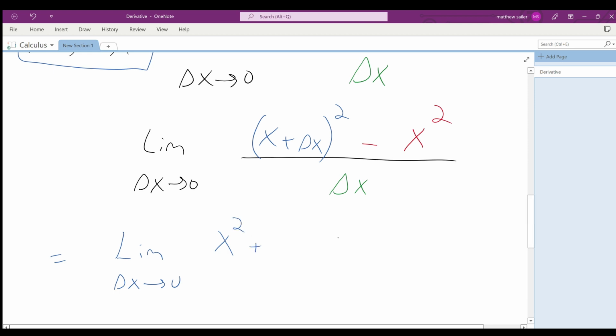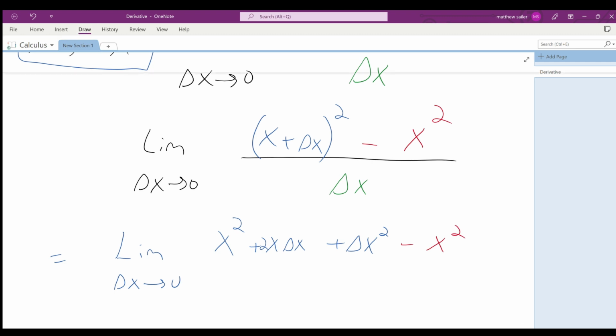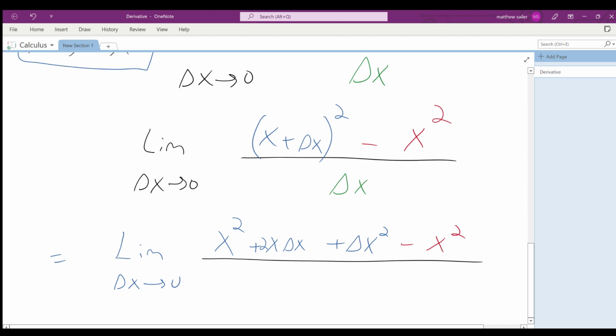We're going to have delta x squared on the opposite side. And then in the middle, we have delta x times x, so this is x delta x. We're going to have that twice, so 2x delta x. Now on the left-hand side, we'll still be subtracting x squared. And on the bottom, we will still have delta x.